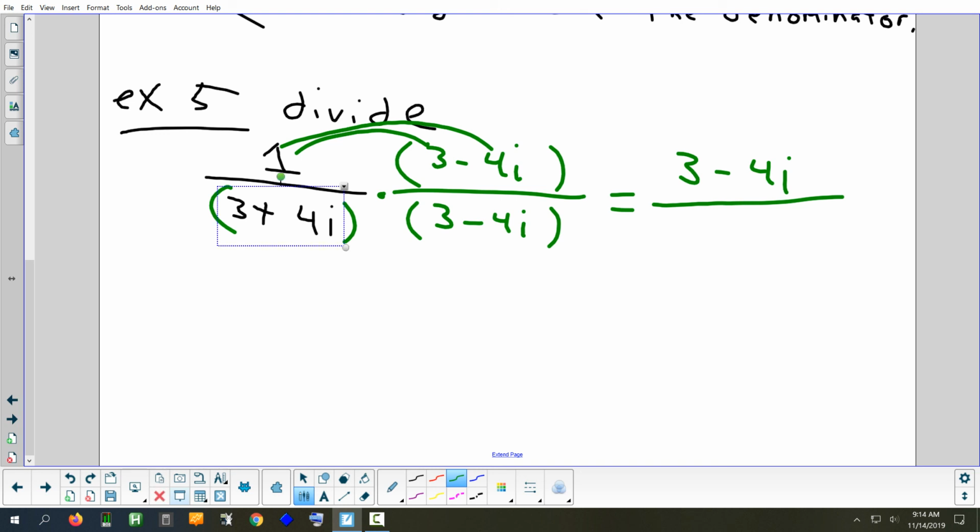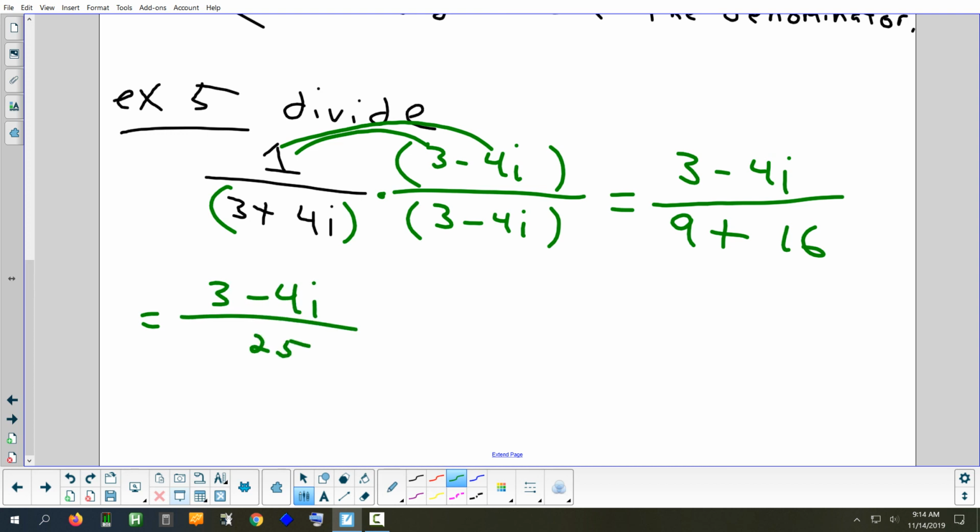Yeah, 3 squared is 9. 4 squared is, thinking ahead, 4 squared is 16. Add 9 and 16, you get 25. Now, look at that answer.